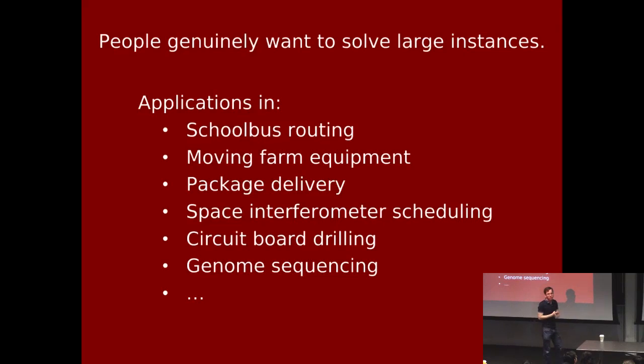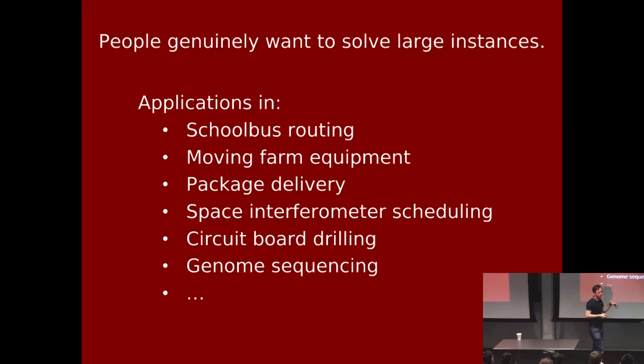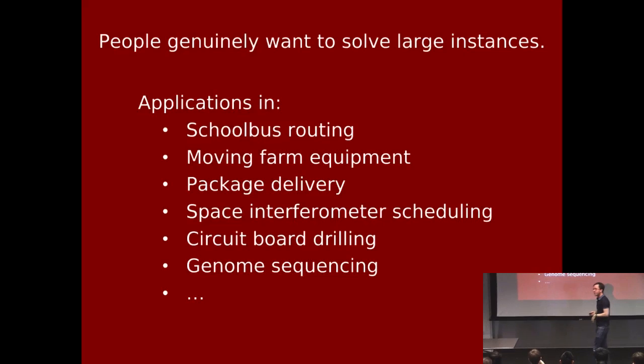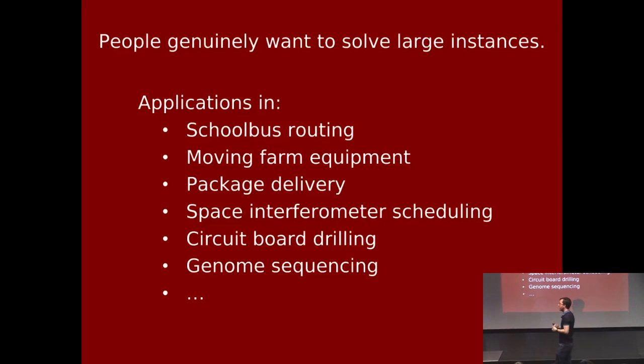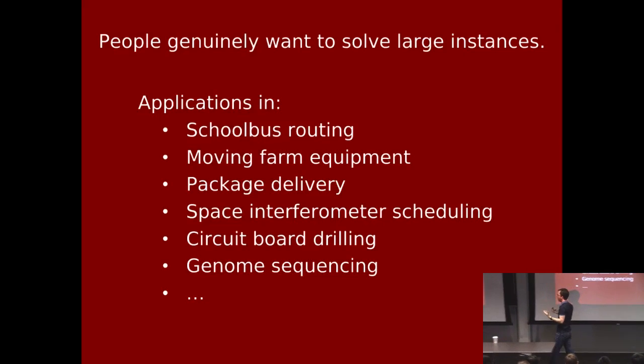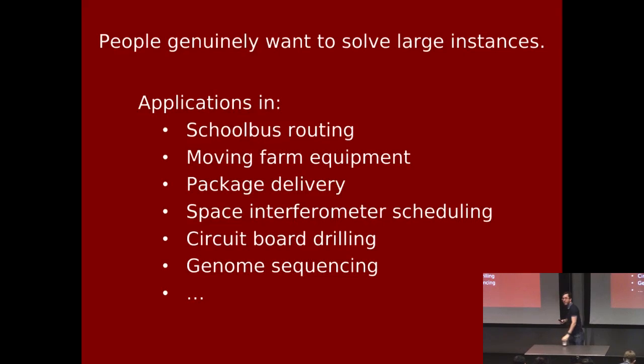And people genuinely want to solve this. It's not just jokes with contests. I just Googled TSP and got serious papers trying to solve it, about school bus routing, genome sequencing, and all this other stuff. It's an NP-hard problem, but they're like, well, we want to solve it, we want to do the best thing. So this is in the spirit of you should never give up. You've got to come up with some algorithm that does something.